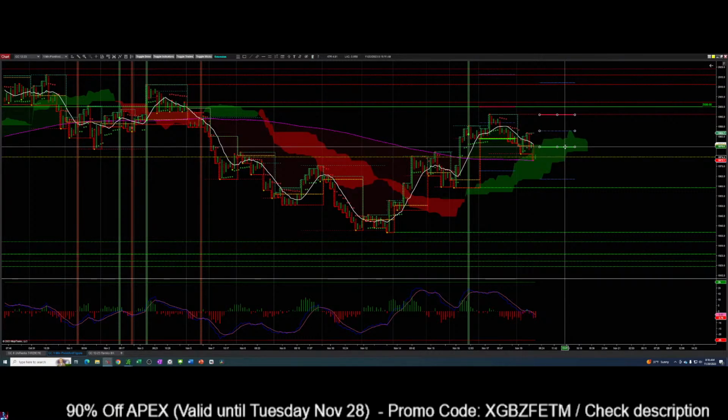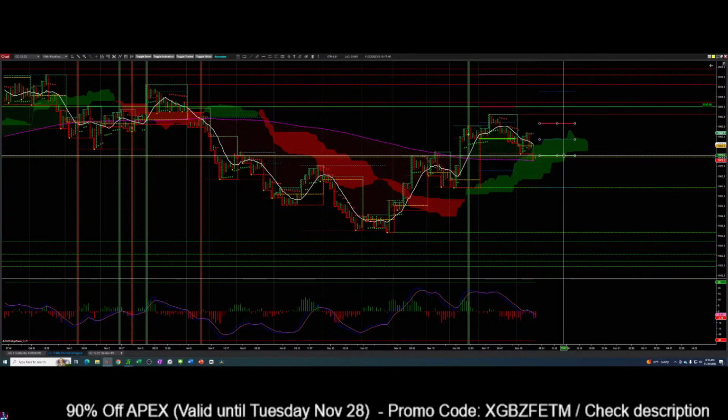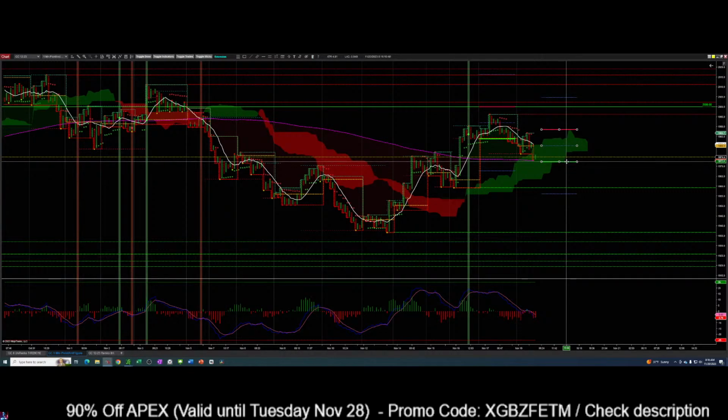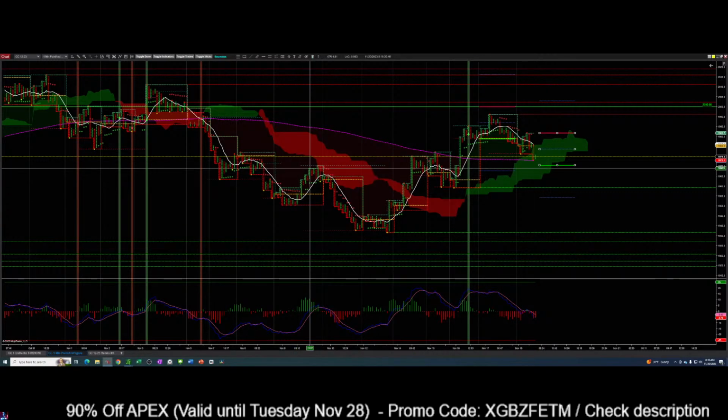It broke to the downside already with this pivot point to the left. It's in the cloud as well. So I'm gonna put my level right up here where this pivot point is.